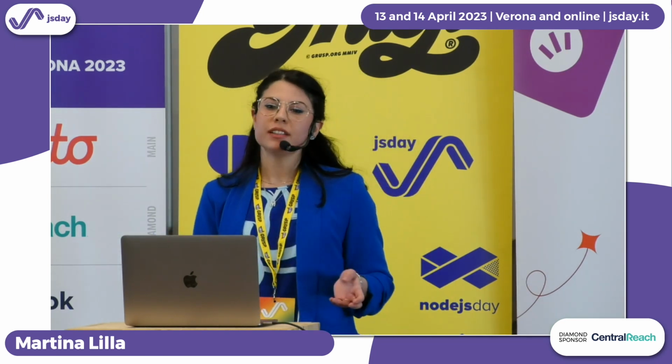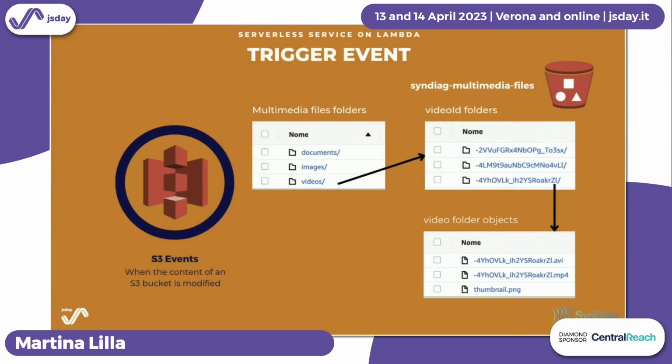So imagine that our target bucket has the following structure. It is called scene-diag multimedia files. And we have a set of subfolders, each subfolder about different types of multimedia files. So we are referring from now on to that of videos.